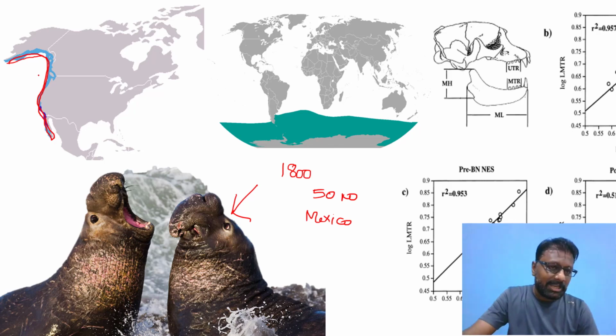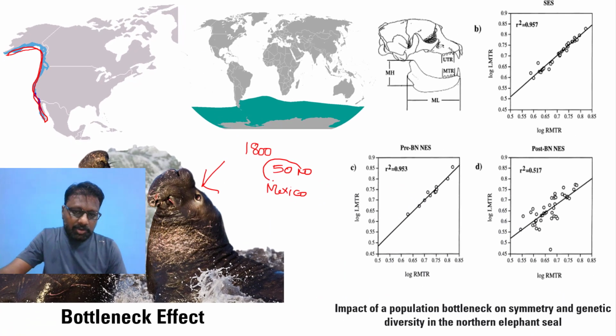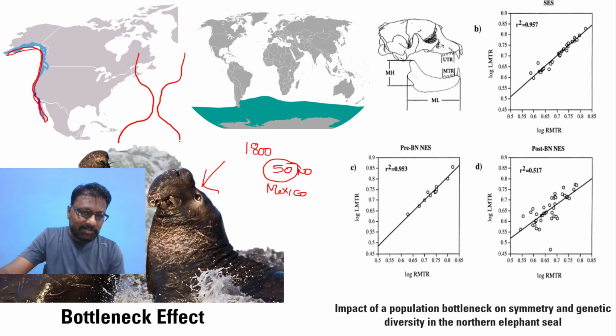Due to various human activities, the number was reduced to 50 on one of the islands in Mexico, so the population clearly went through a bottleneck phenomenon. The population was really squeezed through a bottleneck due to the various activities of humans.